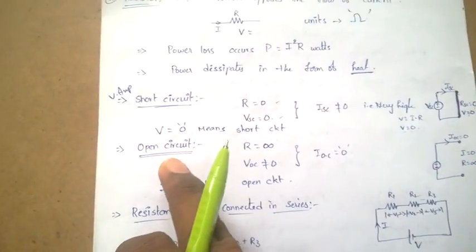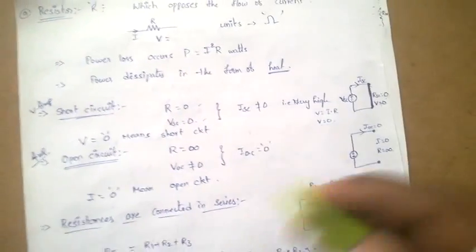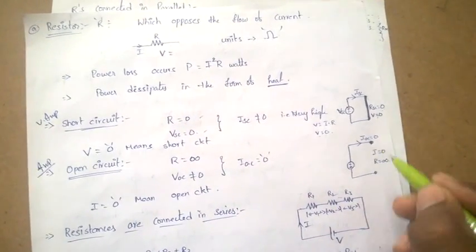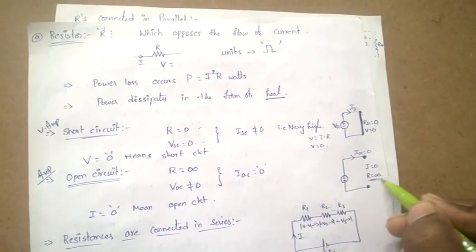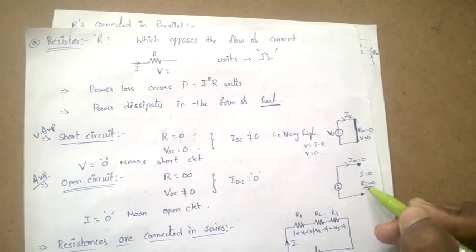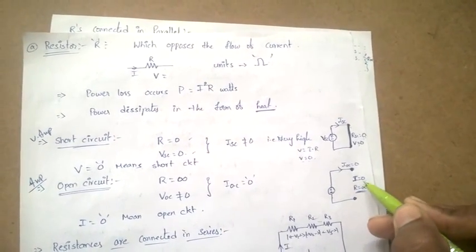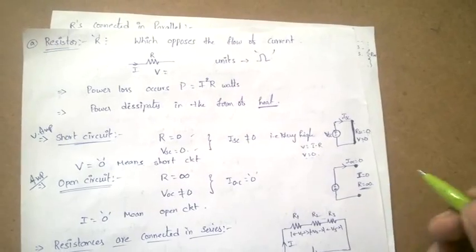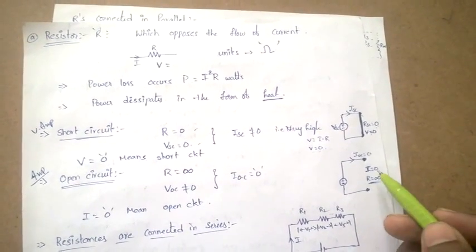Next, coming to the open circuit, it is also important. For open circuit, the resistance is very high, maybe infinity. If resistance is infinity, the current through this is 0, because the resistance opposes the flow of current.